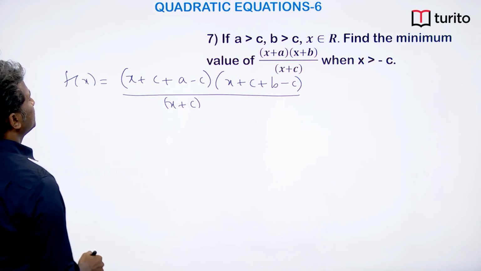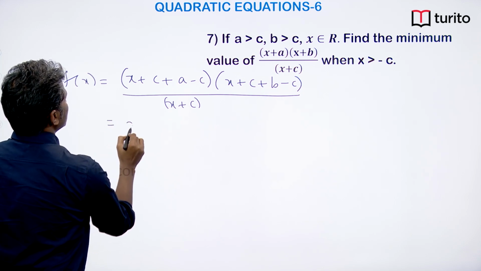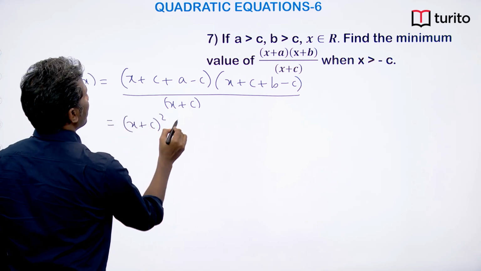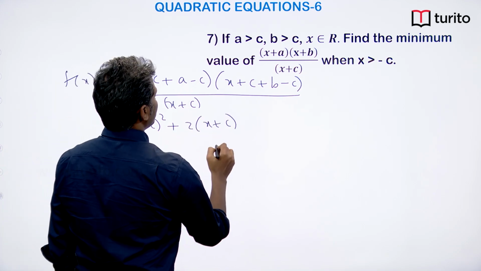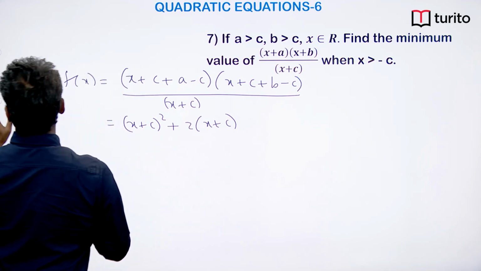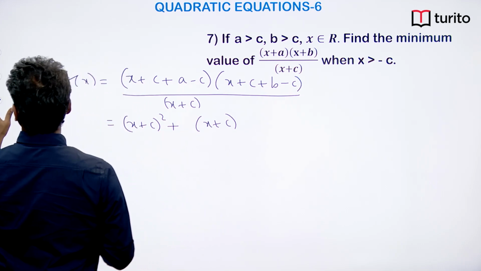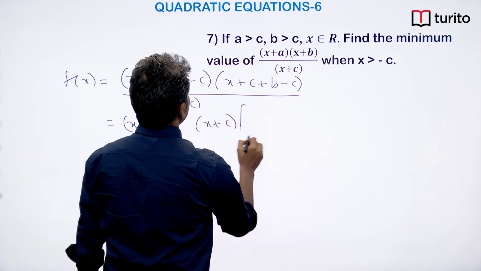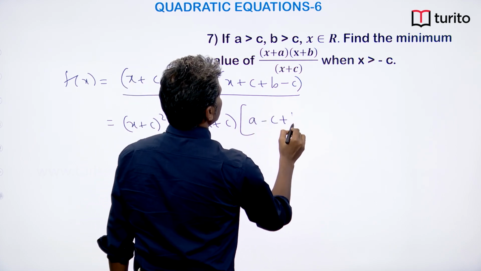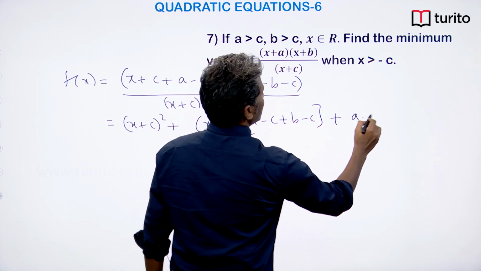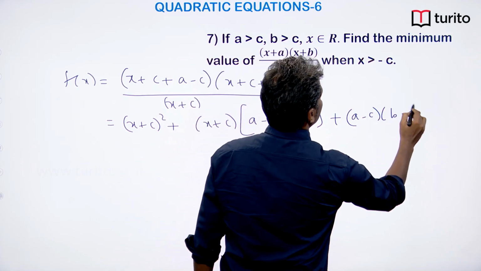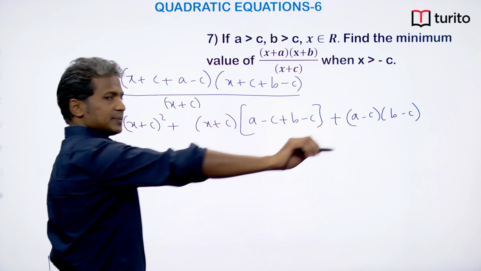So now further we can write this as x plus c whole square plus x plus c into a minus c plus b minus c, plus a minus c into b minus c, and whole divided by x plus c.